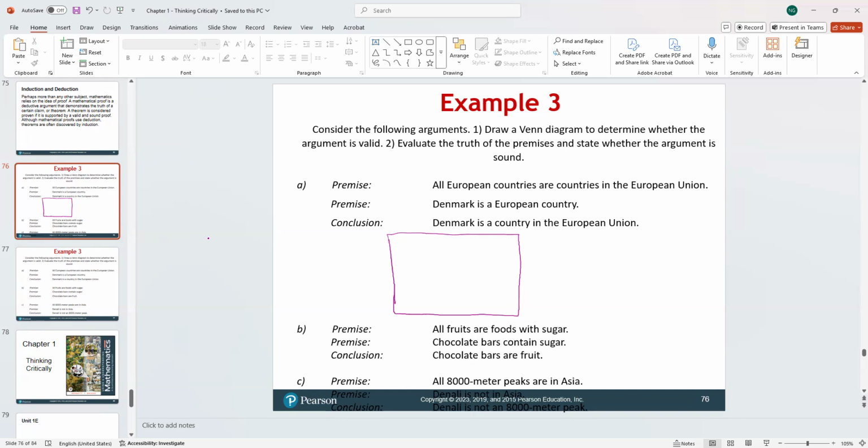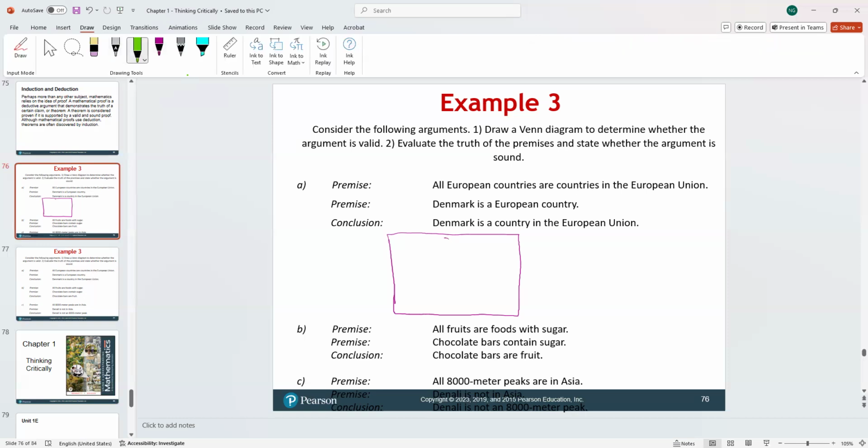It sounds like it is a subset. That's something we need to verify. So let me use a different color. That circle right there, we're gonna call countries in the European Union. Let's put EU for European Union.